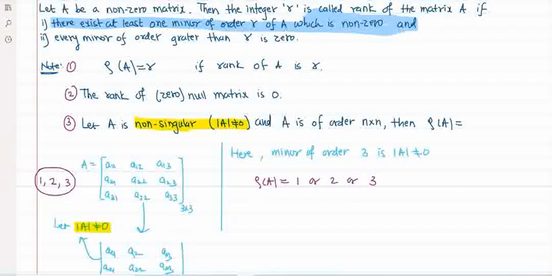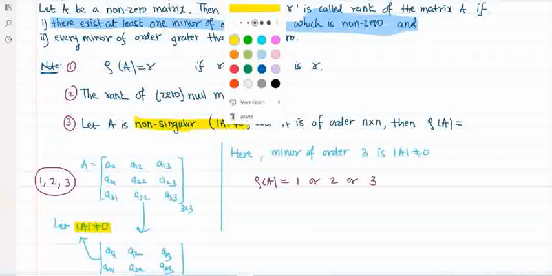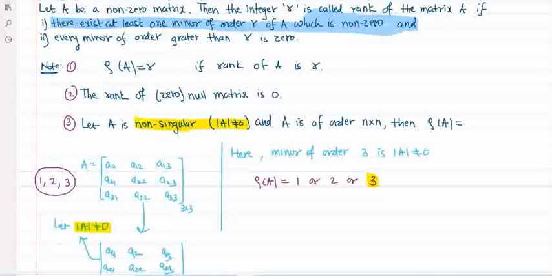When you consider this condition, you start with the higher order. In this case, the higher order is 3, the minor of order 3, and the statement gives that the determinant of A is not equal to 0. That means the minor of order 3 is not equal to 0.